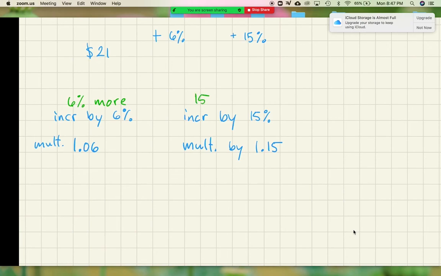So 15% more. All we're doing on this one is we're taking the original bill, and we want to pay 6% more because the tax is 6%. So the way we figure out that number is by taking this and multiplying it by 1.06.